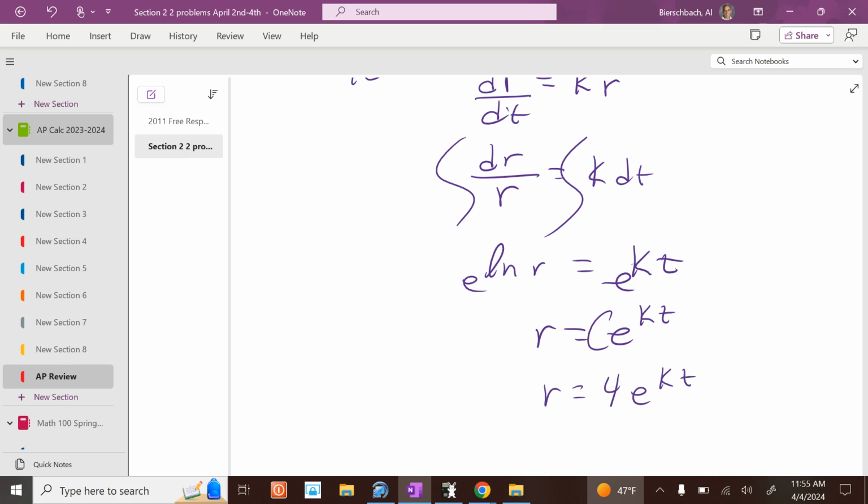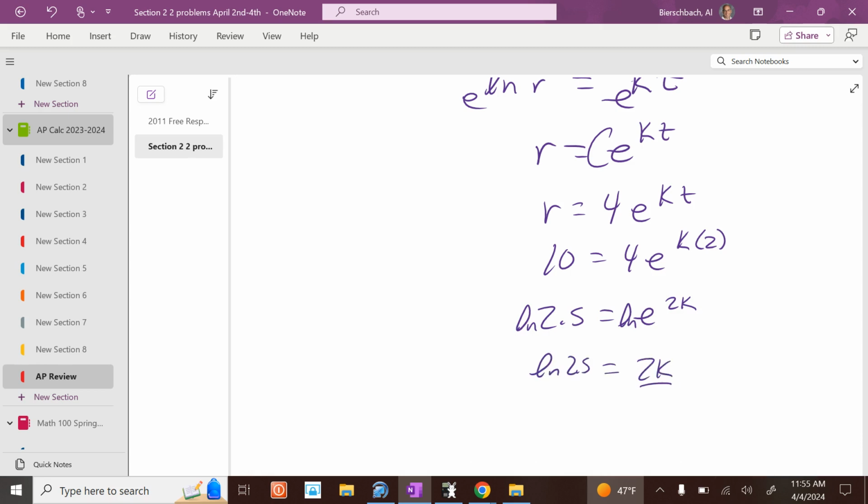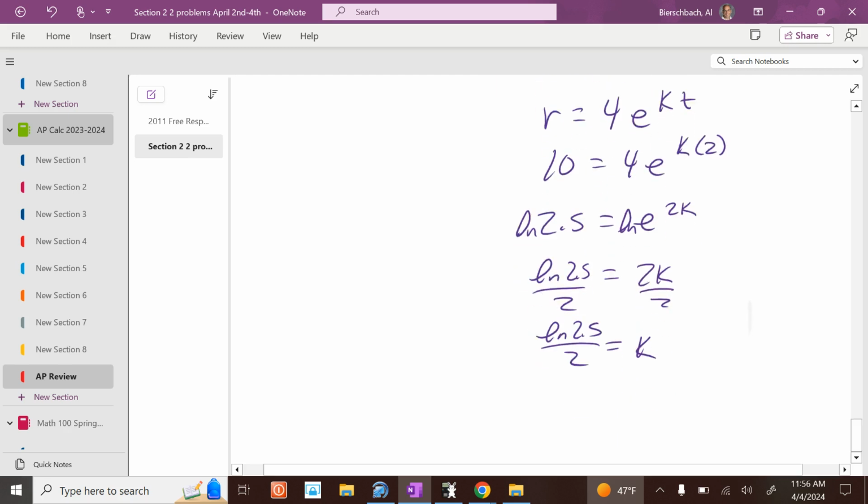Okay. And the radius is 10 after 2 seconds. So 10 equals 4e to the k times 2. So divide by 4, 2.5 equals e to the 2k. ln both sides. 2k equals the ln of 2.5. And divide by 2. K equals the ln of 2.5 over 2.